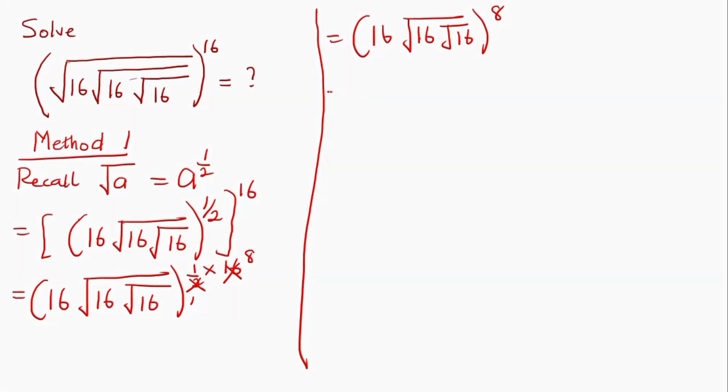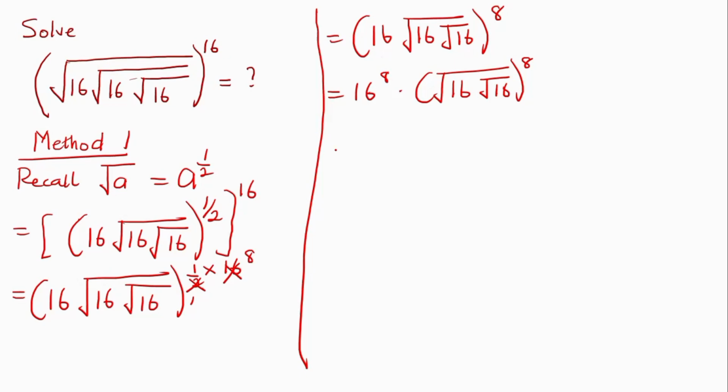So we can rewrite this to be 16 raised to the power of 8 multiplied by the root of 16 raised to the power of 8. So guys, we have been able to remove the first square root right here. So let's go into the second square root.